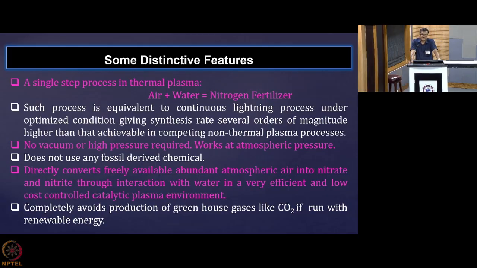No vacuum or high pressure is required, it works at atmospheric pressure, doesn't use any fossil-derived chemical, and directly converts freely available abundant atmospheric air into nitrate and nitrite through interaction with water in a very efficient, low-cost, controlled catalytic plasma environment. And it completely avoids production of greenhouse gases like CO2 if run with renewable energy.